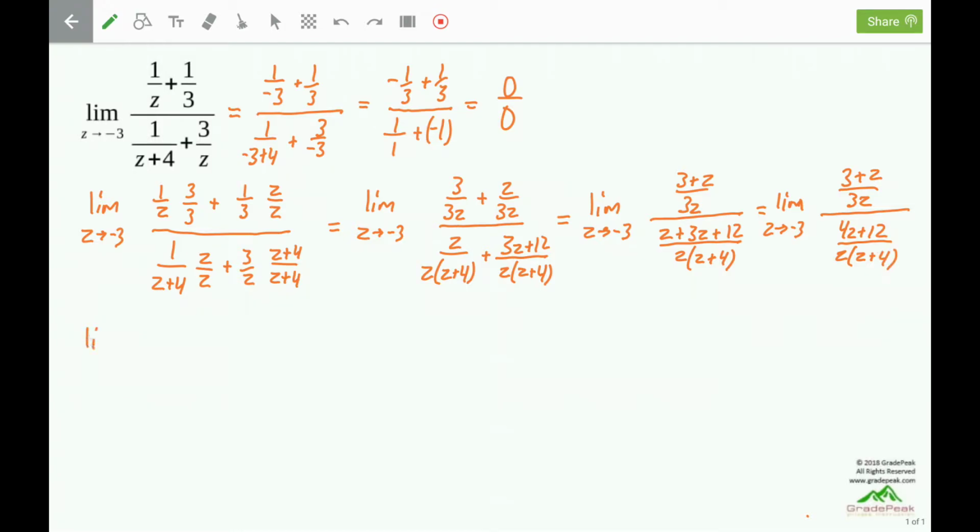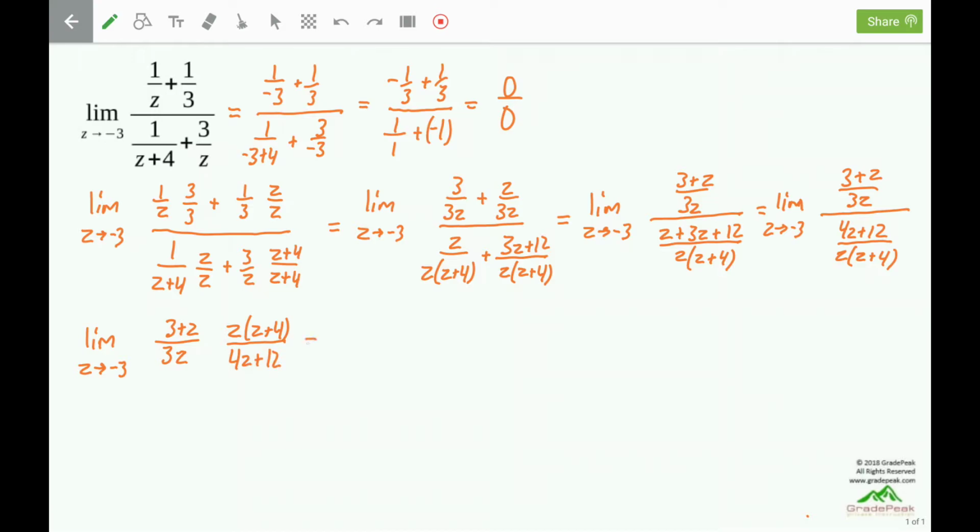All right, our next step now is to reciprocate the denominator fraction and multiply with the numerator fraction. The numerator fraction is (3 plus z) divided by 3z. The denominator fraction, when reciprocated, which will interchange its numerator and denominator, will be z times (z plus 4) over (4z plus 12).